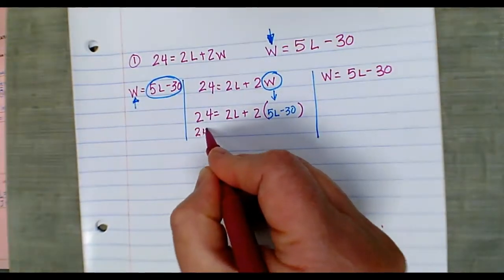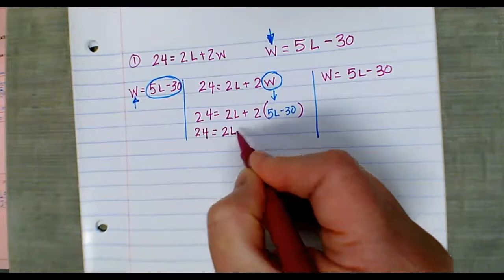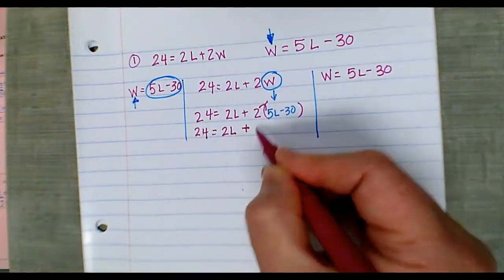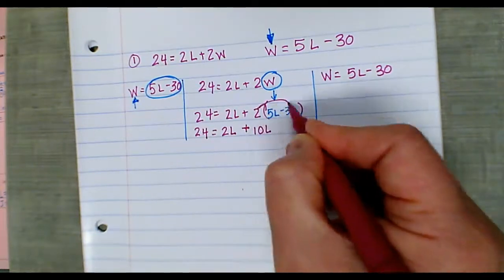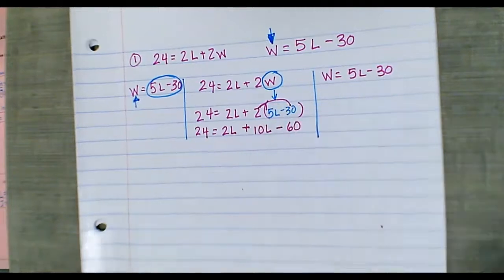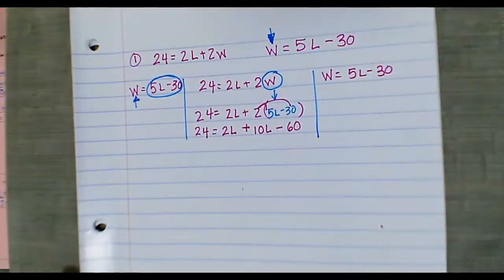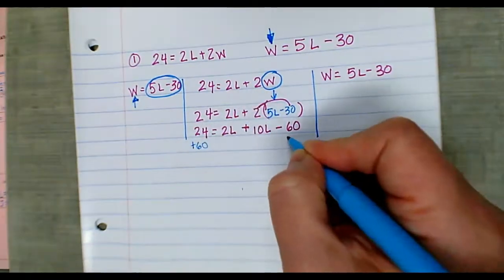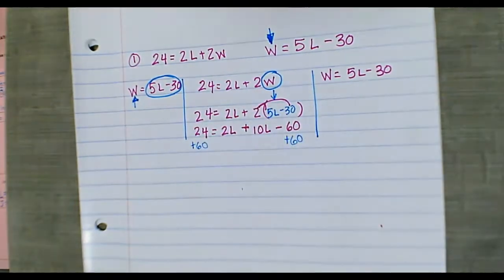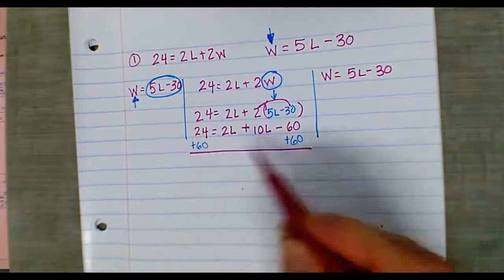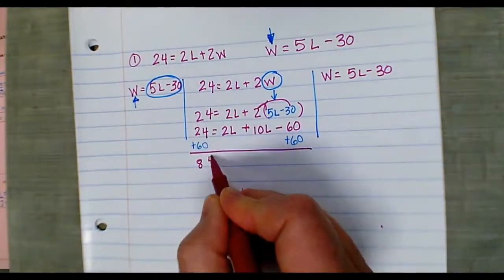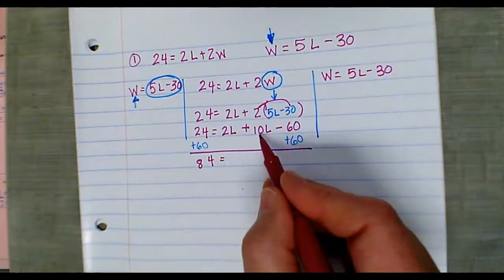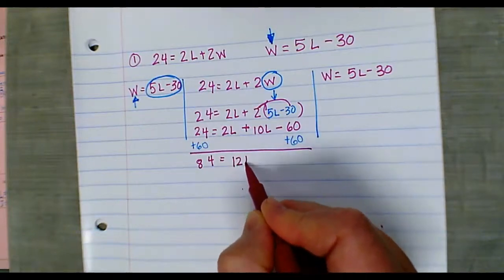So this is going to be 24 equals 2L plus 10L minus 60. Distribute and get your constant numbers together. 84 equals 12L.